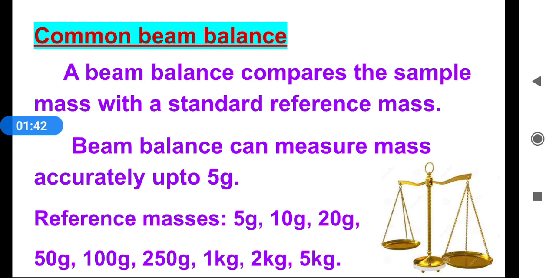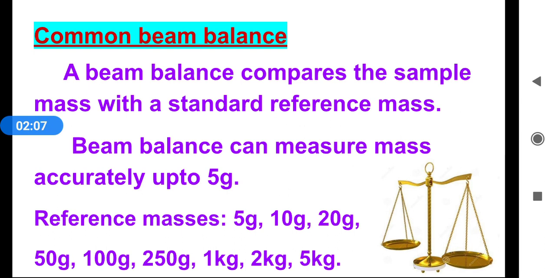First one is a common beam balance. Have you seen this beam balance in the markets? In the provision shop, we can see this common beam balance. A beam balance compares the sample mass with a standard reference mass.